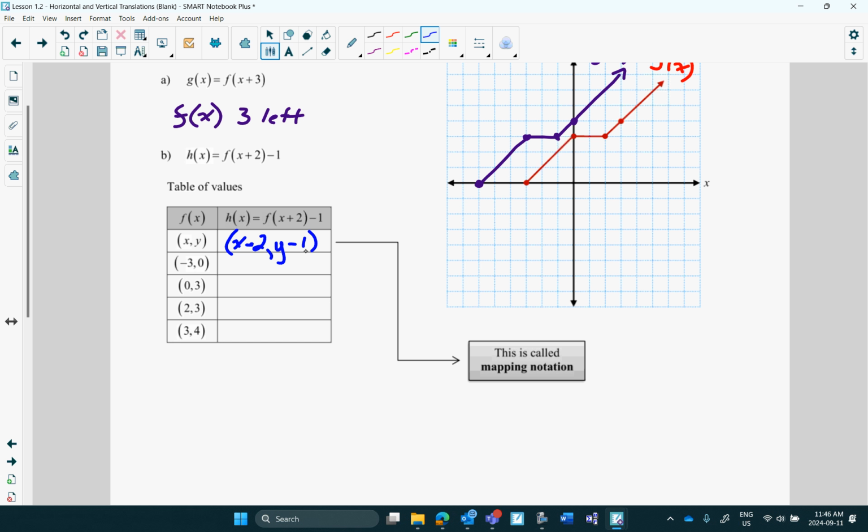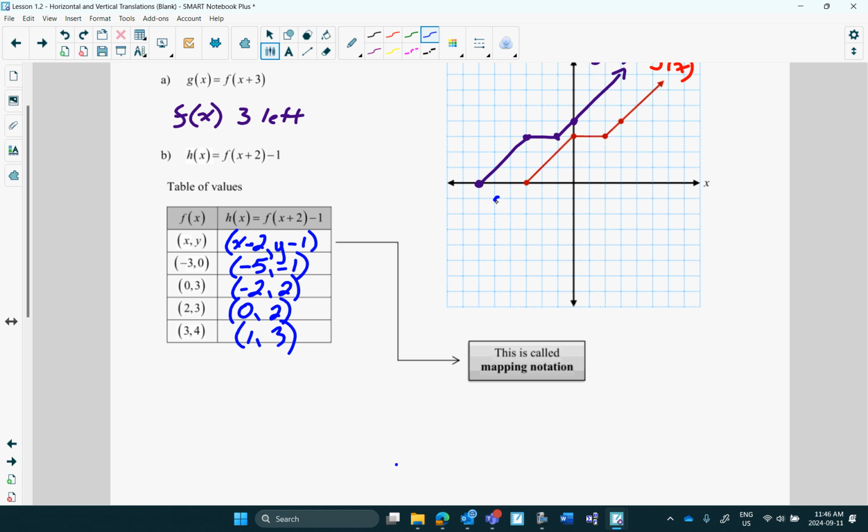So I just rewrite all the points that I've given on the original function that I picked. -3 minus 2 is -5. 0 minus 1 is -1. That would be the new point. 0 minus 2 is -2. 3 minus 1 is 2. 2 minus 2 is 0. 3 minus 1 is 2. 3 minus 2 is 1. 4 minus 1 is 3.